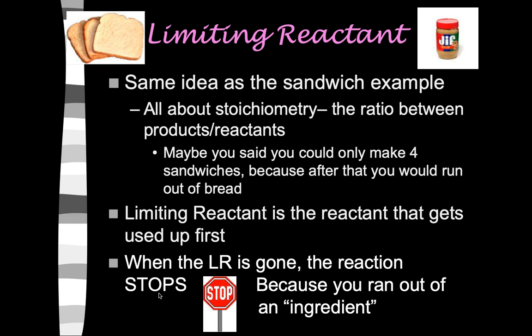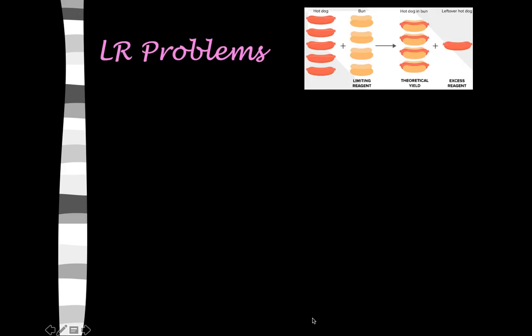Usually we just think about mixing stuff together and seeing if something happens. But now we're going to talk about how much of stuff you have and how much reactant you need to make some amount of product. That's all stoichiometry, right? But the whole point is that when the limiting reactant is gone, the reaction stops and you can't make any more of your product because you ran out of one of the ingredients, or the reactants. Here's another visual example, like hot dogs, right?